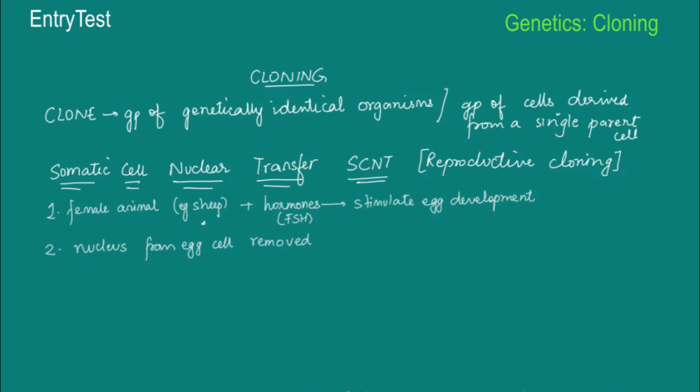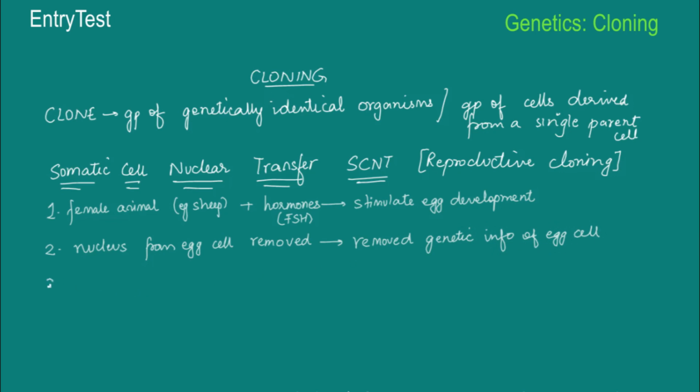So first of all, we stimulated egg development in a female animal, and then we took an egg cell and removed the nucleus from it. So basically we removed the genetic information away from that egg cell. So when we remove the nucleus, we have basically removed the genetic information of the egg cell.